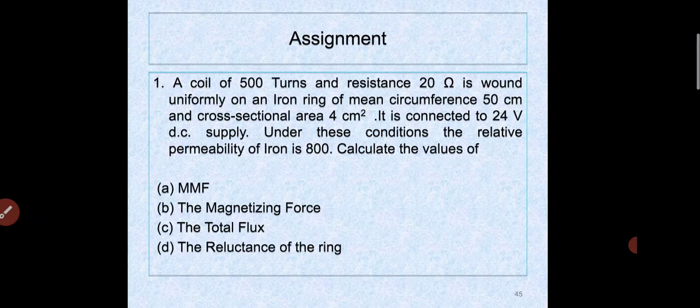It is connected to a 24 volts DC supply. Under these conditions, the relative permeability of iron is 800. Calculate the values.